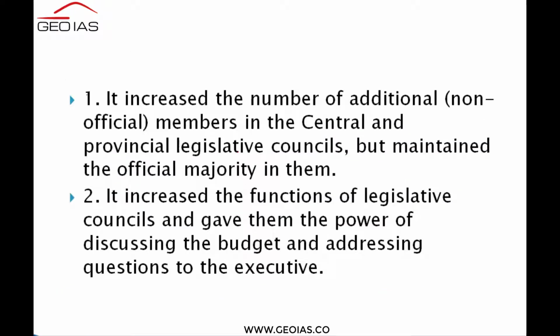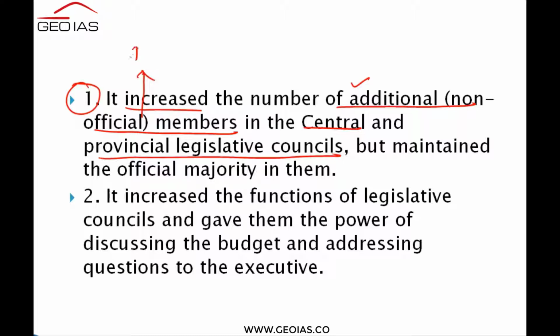The first provision is it increased the number of additional non-official members in the central and provincial legislative councils. So who are these non-official members? These are the seats which were created for Indians in both central and provincial legislative councils. So the number of Indians in the councils was increased, but the official majority was maintained.